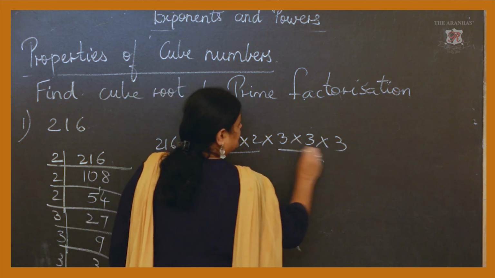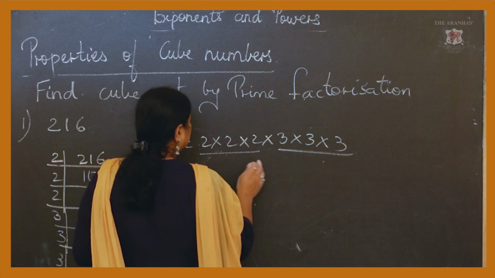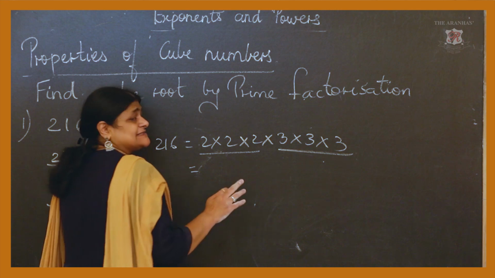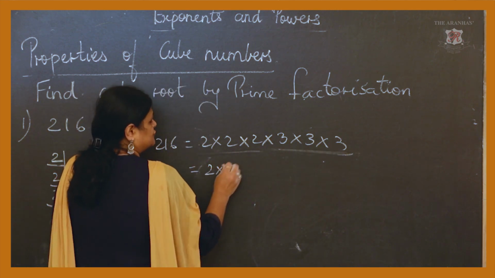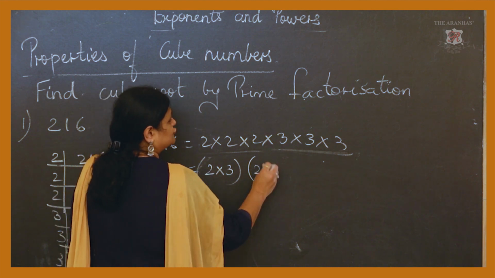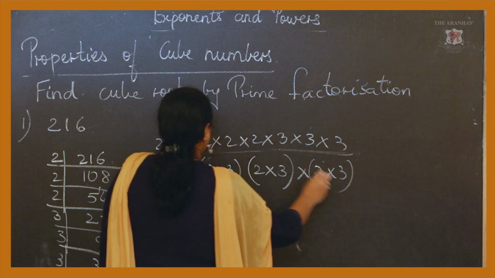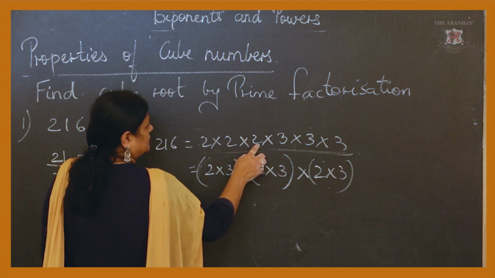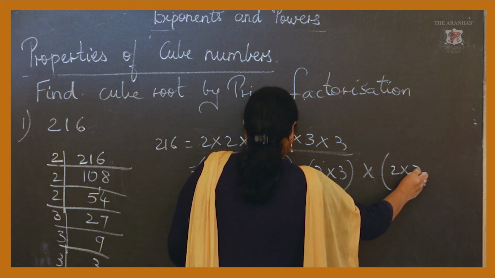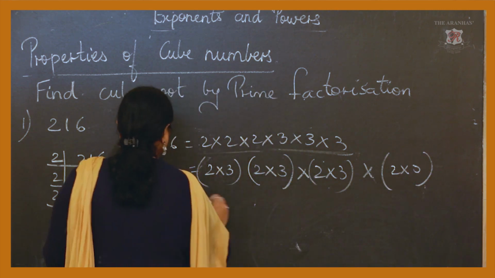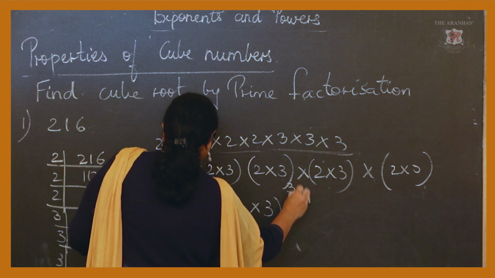2 into 2 into 2 into 3 into 3 into 3. Now, when you are taking it as a cube, you are going to take each thing, that is 2 into 3, 2 into 3, 2 into 3. That will be 2 into 3, the whole cubed.